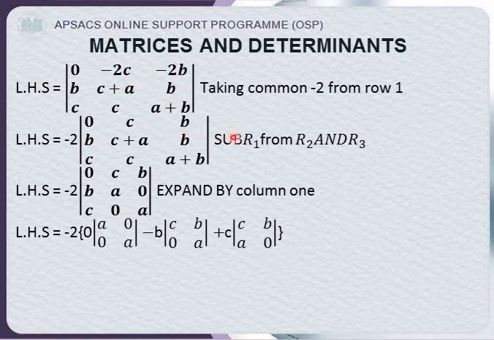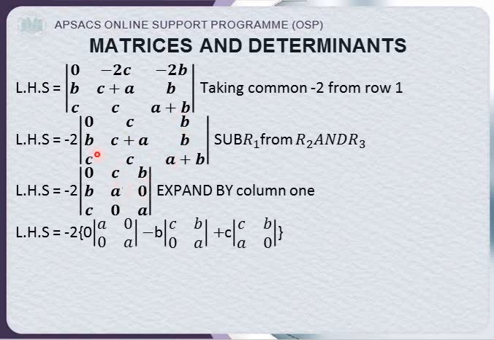Now subtract row 1 from row 2 and row 3. You can see that I am just subtracting. c minus c, what is remaining? a. b minus c, what is remaining? 0.